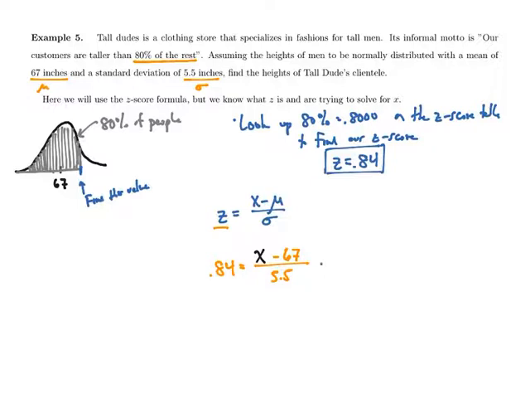We can do that by multiplying by 5.5 on both sides. That'll give us x minus 67 on the right and 4.62 on the left. And then we can add 67 to both sides. And we'll get x is going to be equal to 71.62.